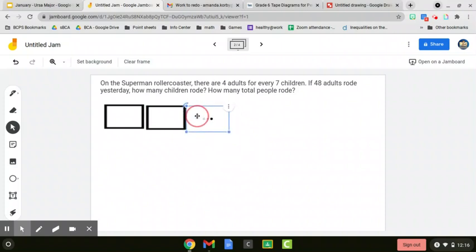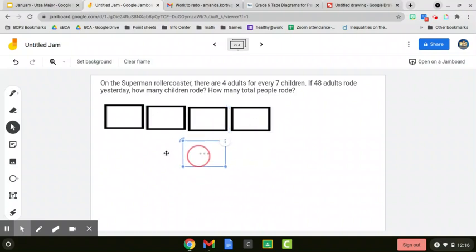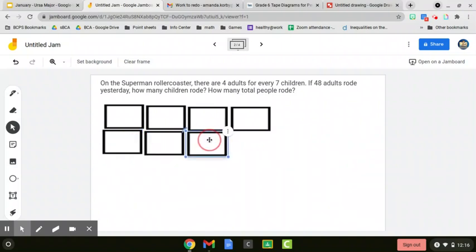Normally we would just draw a rectangle and divide it into pieces, but working on a Chromebook, it's easier just to do a bunch of rectangles like this. Also, in an ideal world, these would all line up.